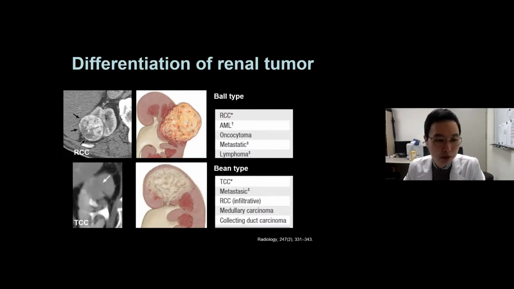Usually these bean-type tumors consist of transitional cell carcinoma, metastatic lesions, or renal cell carcinoma with infiltrative type. Also renal cell carcinoma originating from the medullary cortex can be bean-type lesions.